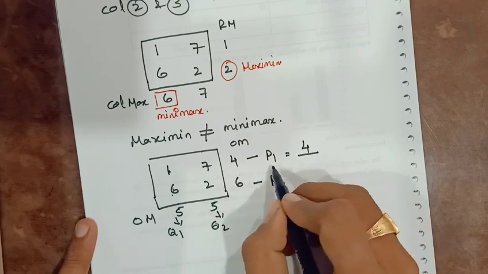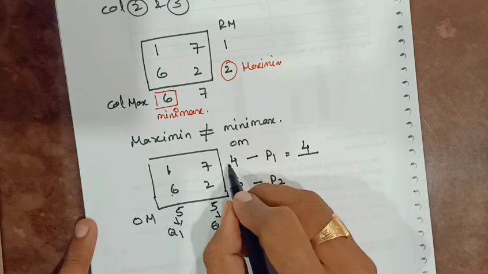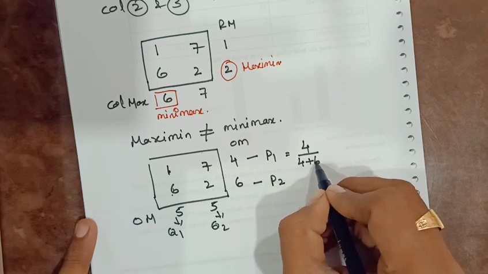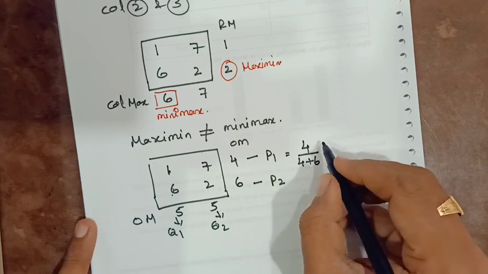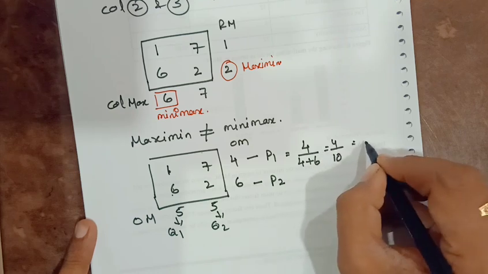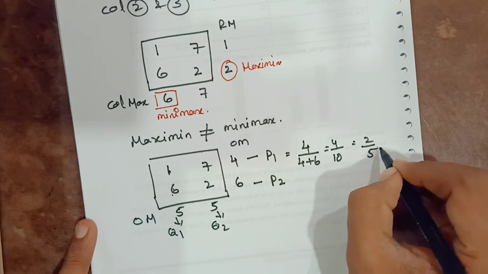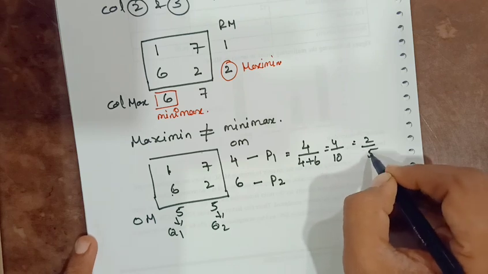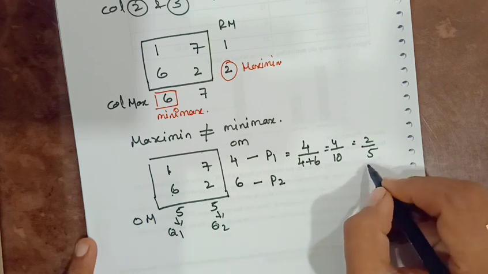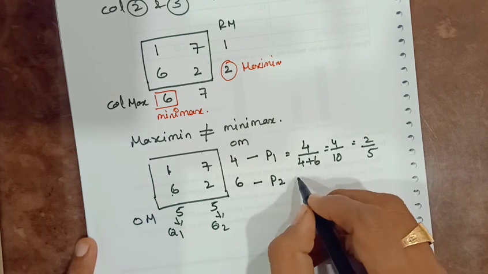I am finding out the probability for the row 1. So 4 divided by 4 plus 6, that is 4 by 10, which is equal to 2 by 5. So 2 by 5 means the probability for second row will be definitely 3 by 5.